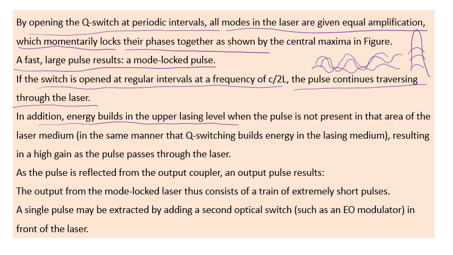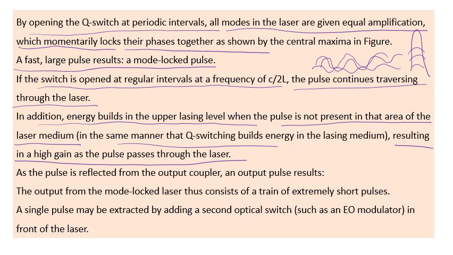Energy builds in the upper lasing level when the pulse is not present in that area of the laser medium, like can happen in the Q-switch. So this results in a high gain as the pulse passes through the laser. When it's off, the same thing happens: the population inversion builds up. The switch builds energy in the lasing medium, resulting in a high gain. When it opens, the pulse passes through the laser.